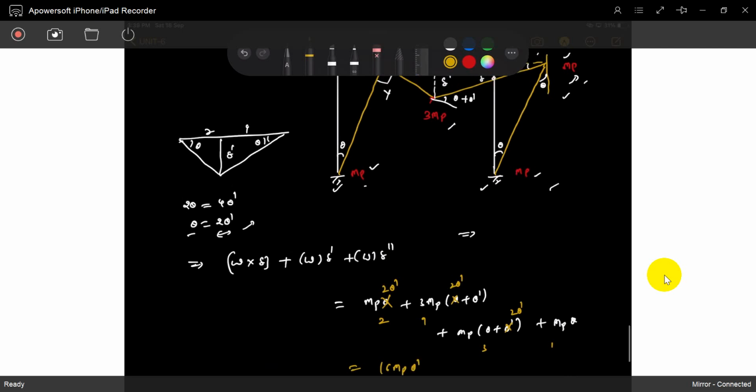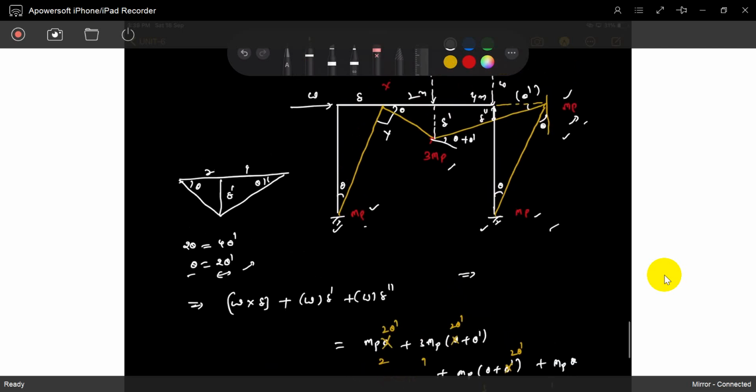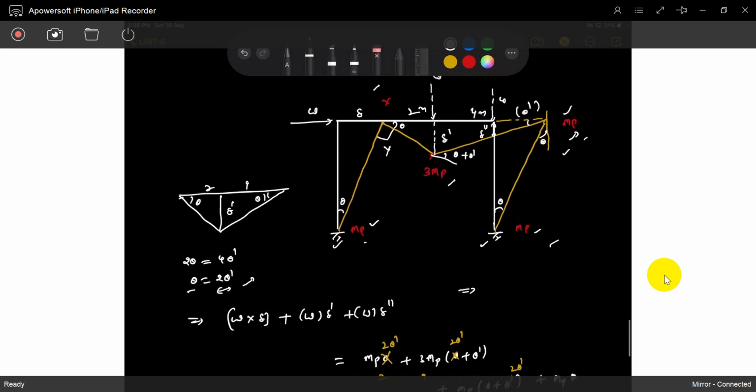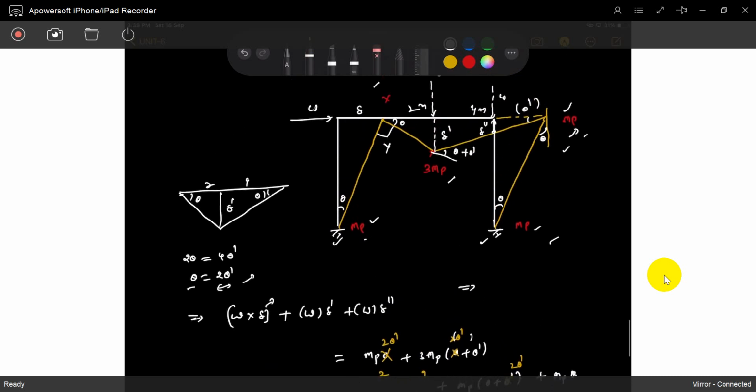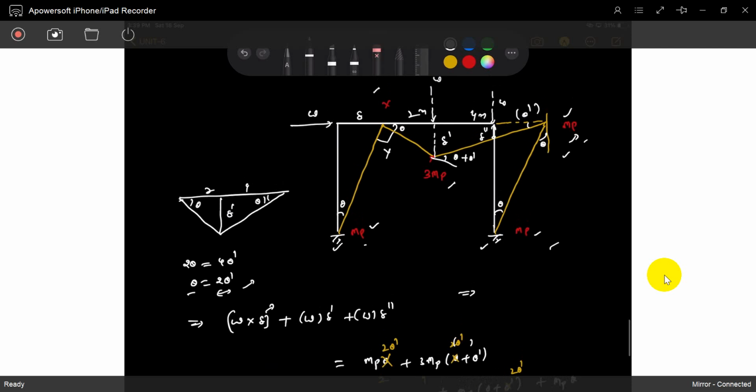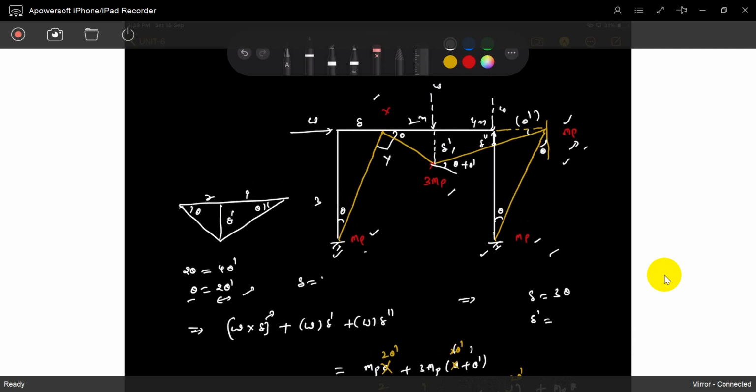So here you will check, everything I want to write in theta dash. First this delta is this length, so I will write 3 theta. Delta dash you can write down to see, this is delta dash, this is delta.